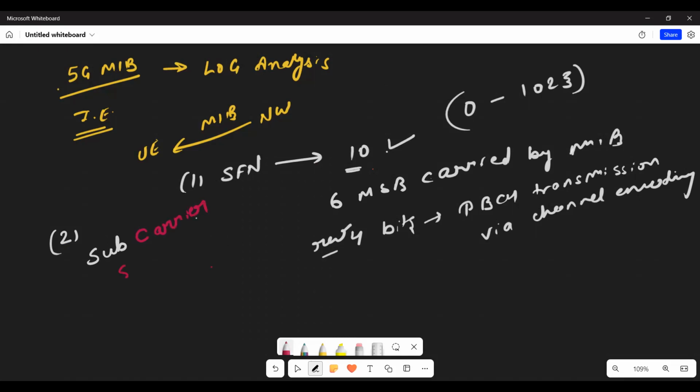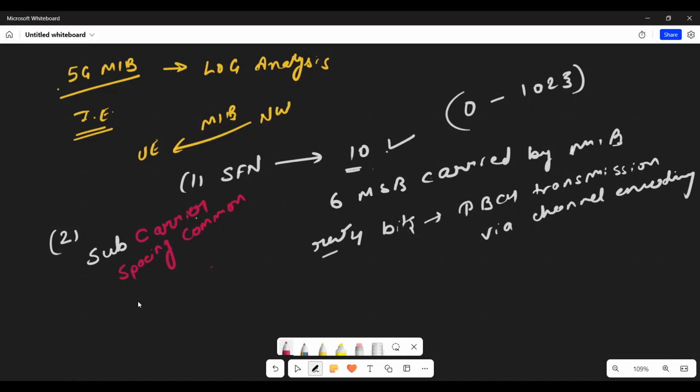Subcarrier spacing common, right? Now, it could be represented, I mean, it depends basically on whether it is FR1 or FR2, right?